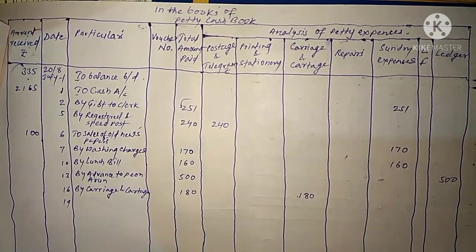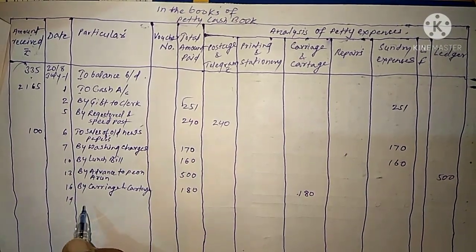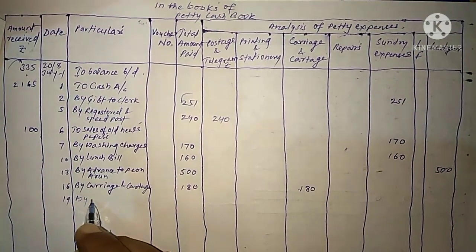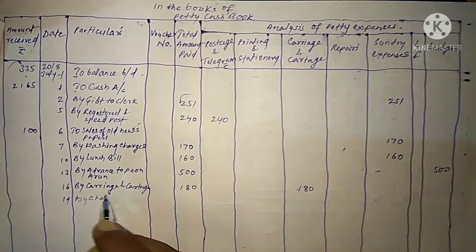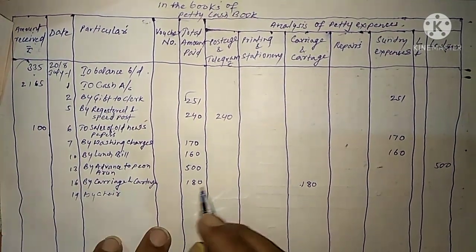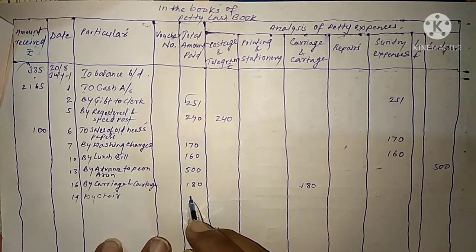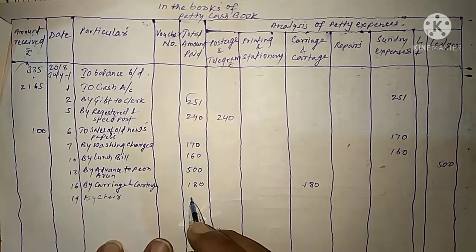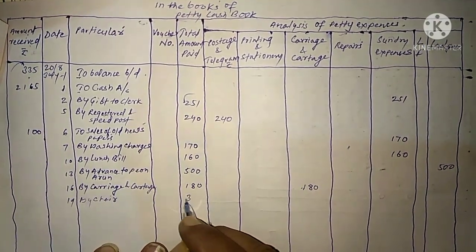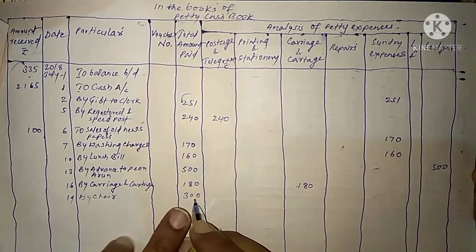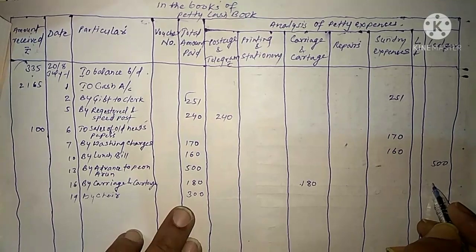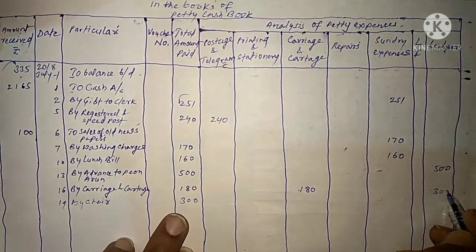Purchase chair for office use. So here in particular we have to write by chair account, by chair, and amount we have to write in total amount paid column, that is 300, and this amount we have to transfer to the ledger account, that is last column 300.